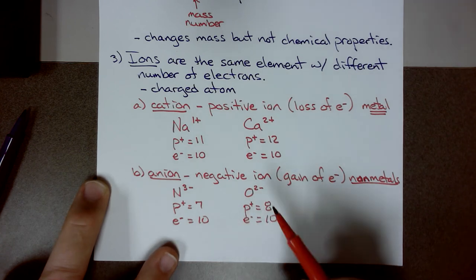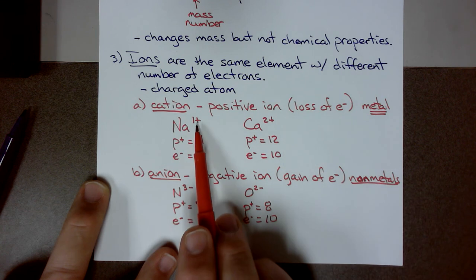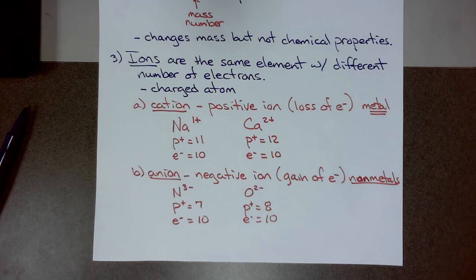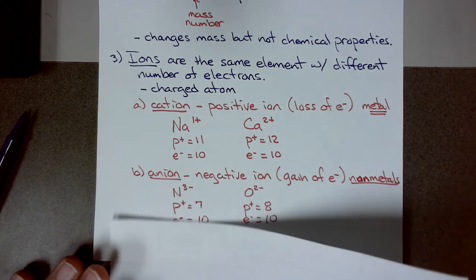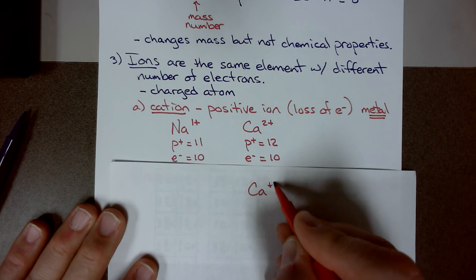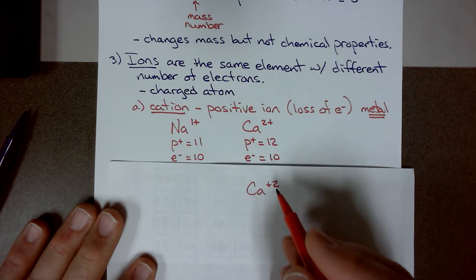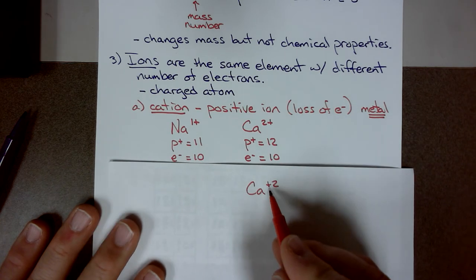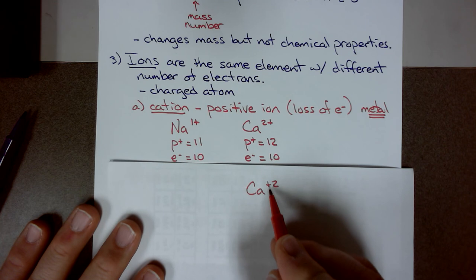Now I want you to notice that I write the number before I write the charge, because if I wrote the charge followed by the number, if you look at this, if I wrote Ca plus 2, it's not wrong to write it that way, but the first thing you think of is that that's a mathematical operation of addition.